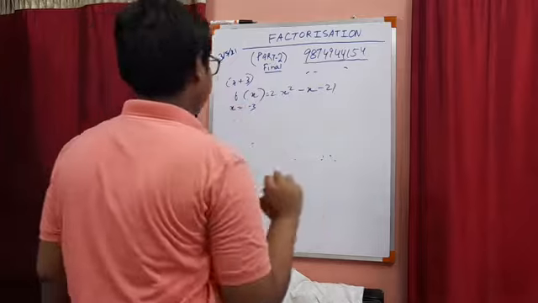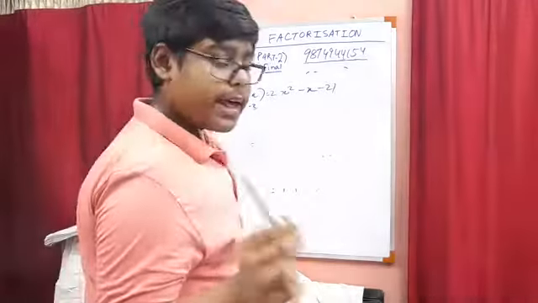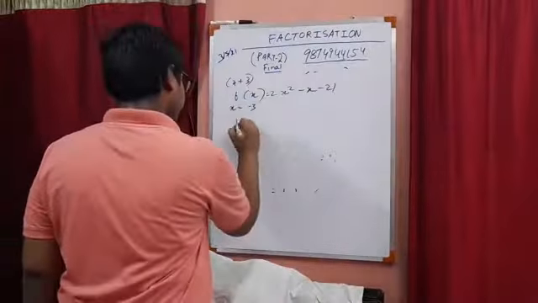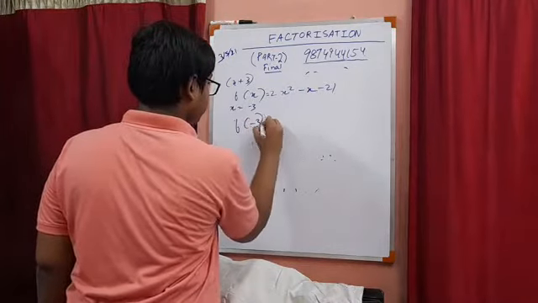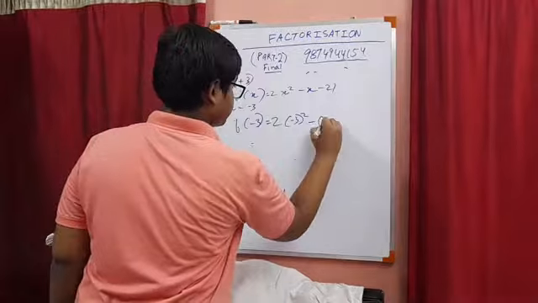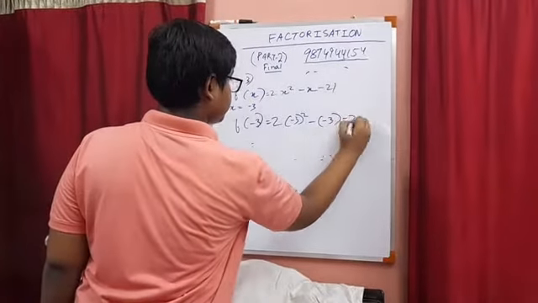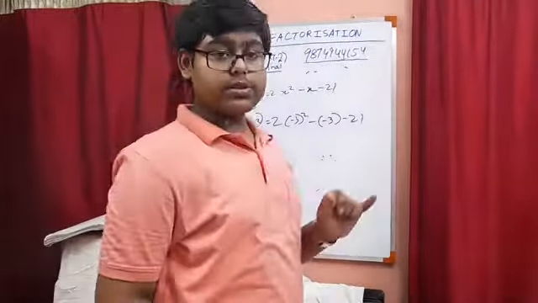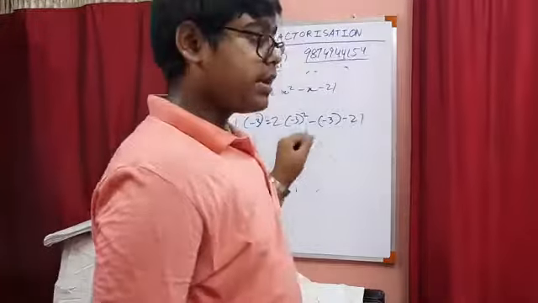Substituting the value of x in this equation, we get f of minus 3 is equal to 2 into minus 3 square minus minus 3 minus 21. Now minus 3 square is 9.